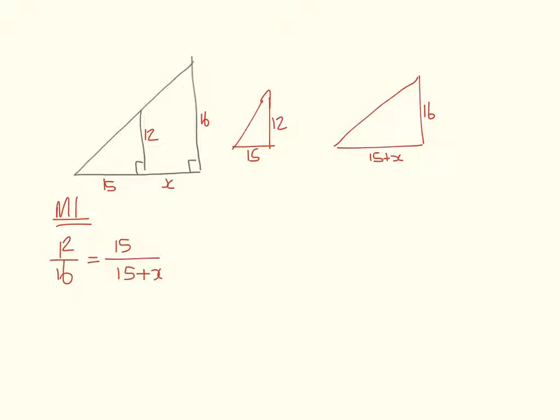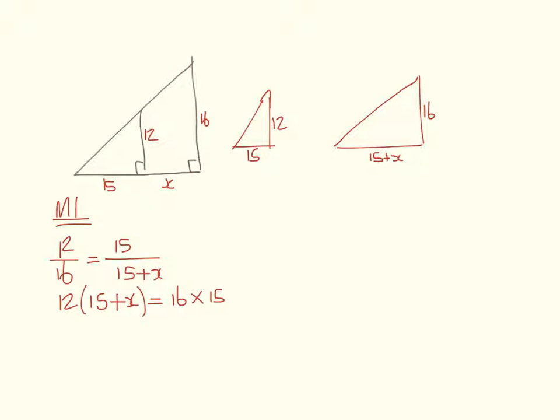Again, I can cross multiply like we did before. So 12 will multiply by that. So 12 into 15 plus x is equal to this times that, which will be 16 times 15.